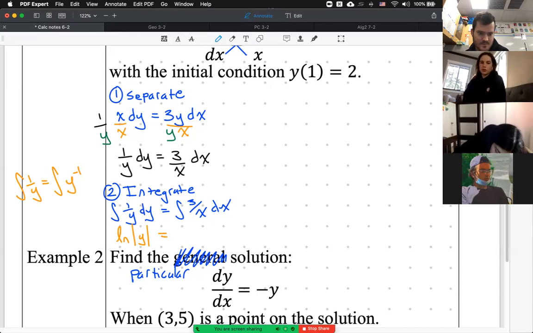Would it be natural log absolute value of 3x? Oh, not quite. So 3 is kind of like a constant that you can factor out. So I can just write 3 times natural log of that same variable x, right? You're not done because plus c.